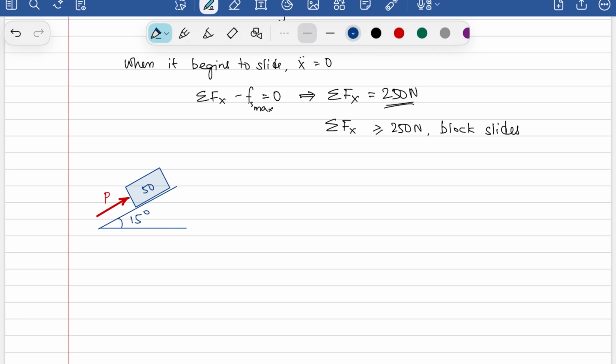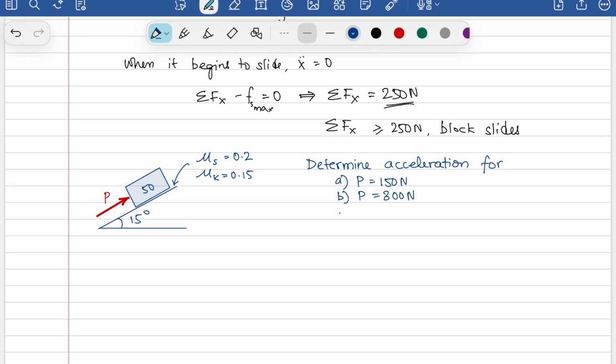And we have different coefficients of static and kinetic friction. We have mu s equal to 0.2, mu k equal to 0.15. The question asks you to determine the acceleration for P equal to 150 newtons, P equal to 300 newtons, and P equal to 0 newtons.